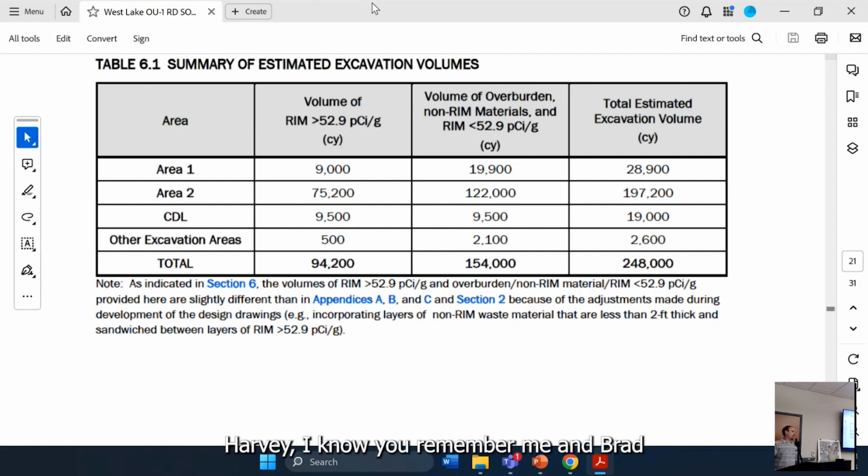So Harvey, I know you remember me and Brad and eventually Chris talking to you about our conceptual site model for North Quarry and borings we had in the northeast portion of North Quarry, which is the part of North Quarry that was landfilled first.